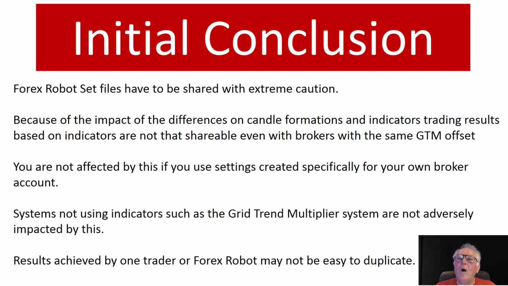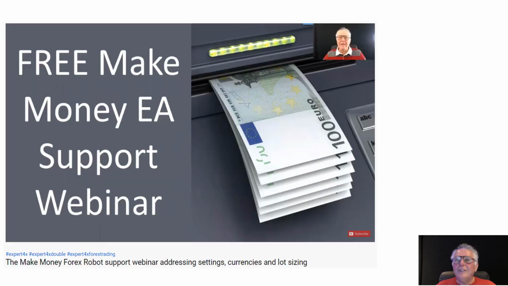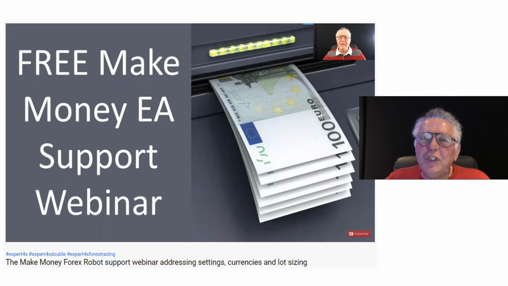It's also a reason why when you take the set file and you plug it into your broker that you might not be getting the results that you want to achieve. So the objective of today's video was just to make you aware of these differences, and if you are an EA trader and you do use set files, they bring so many limitations into the use of set files.